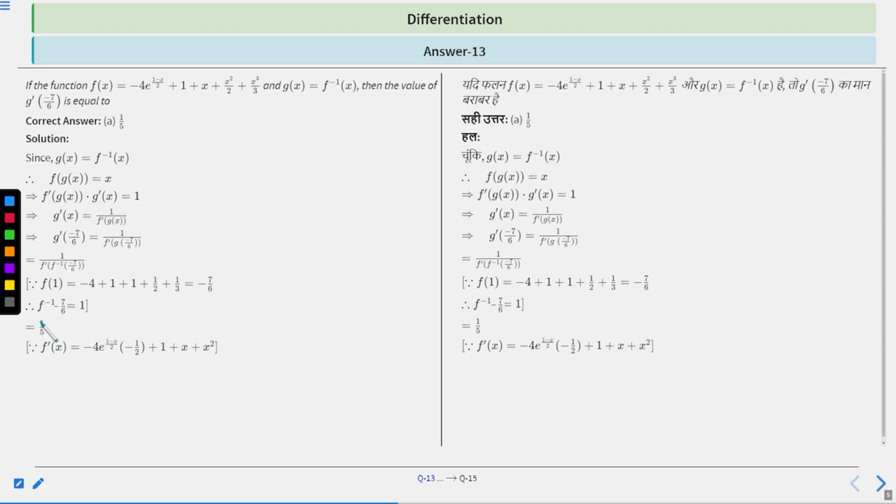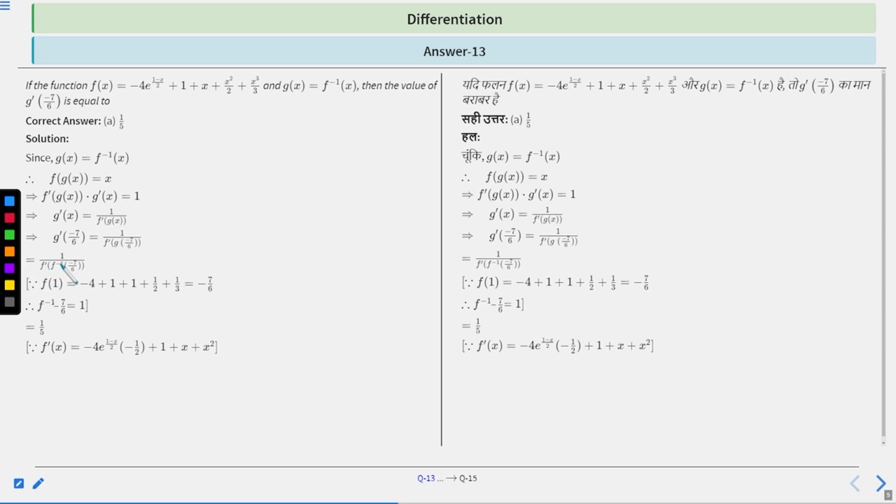Therefore, f inverse minus 7 by 6 will be 1, because the f goes to the other side to become f inverse.